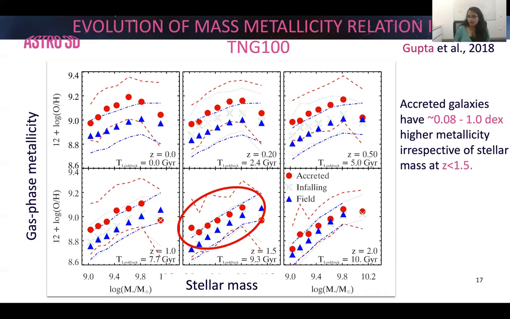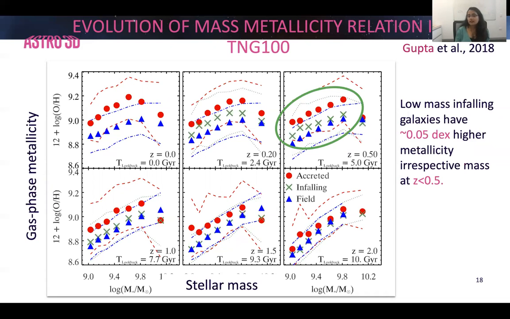In fact, we have another sample, which is these infalling galaxies, right? These infalling galaxies also showed some higher chemical abundance. At lower redshift, we saw the effect only at redshift of 0.5, and it first appeared in the low mass galaxies, but then at redshift of 0.2, it's consistent across.